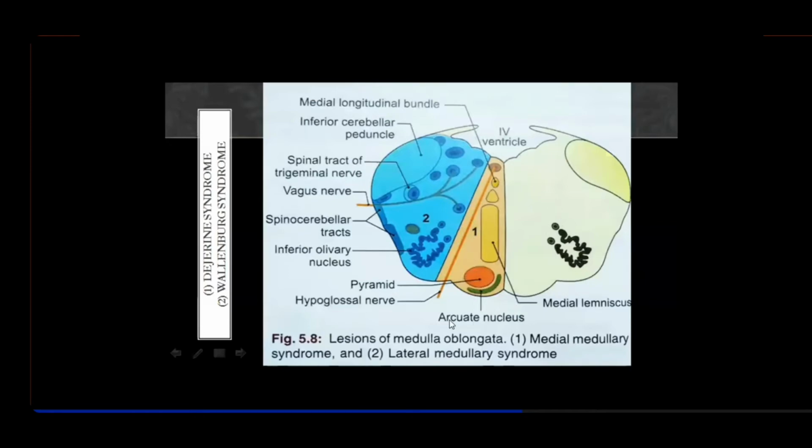Very important point. The structures it perfuses are the pyramids, the arcuate nucleus, the medial lemniscus, the tectospinal tract, the medial longitudinal bundle, and the medial most functional column, that is general somatic efferent, the nucleus of the hypoglossal nerve.